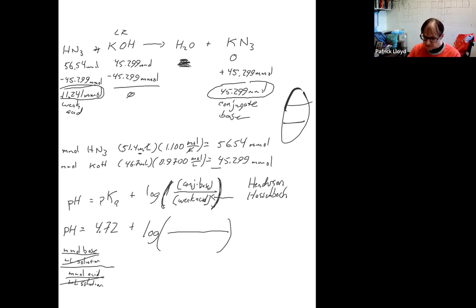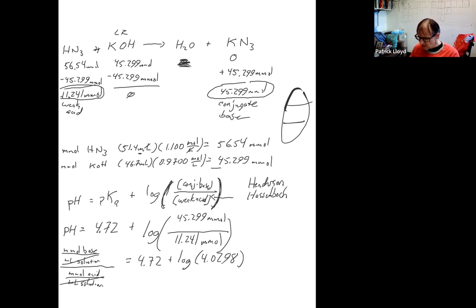The millimoles of the base are 45.299, and the millimoles of the acid are 11.241. Okay, that makes it very simple. That's another advantage of keeping everything in millimoles. It cuts out a lot of the details of the calculation. So 45.299 divided by 11.241 is 4.029. So the pH would be 4.72 plus the log of 4.029. That's the ratio in the parentheses.